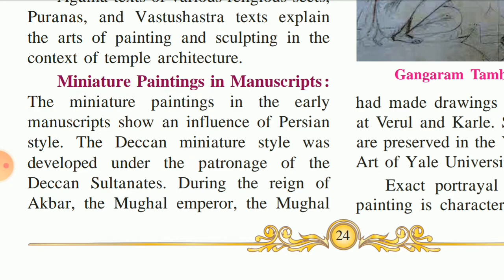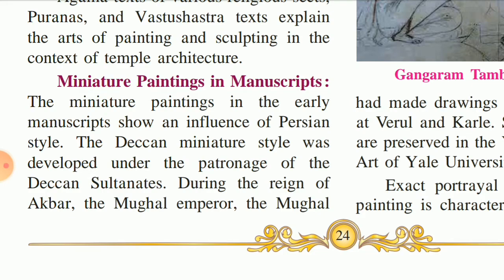The Deccan miniature style was developed under the patronage of the Deccan sultanates. So we know sultans had given the patronage to them, and thus this Deccan style started developing.